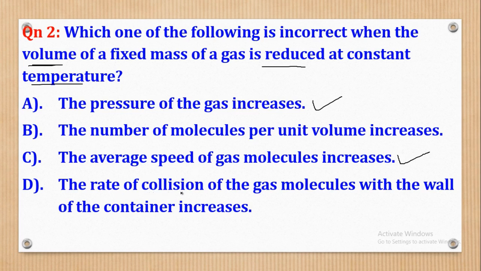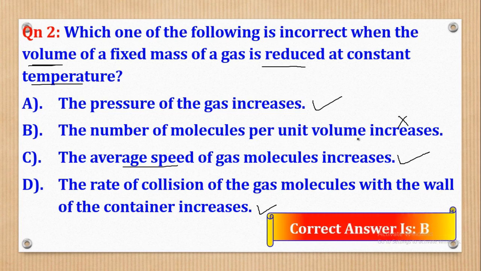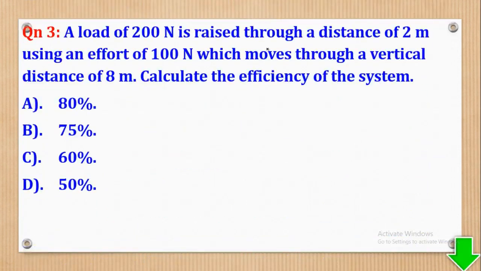The rate of collision of the gas molecules with the wall of the container increases, because when speed increases, it implies that even momentum increases, therefore rate of collision increases. Therefore the only option which is not okay is option B. So the correct answer is B. That was question 2. Now we shall go to question 3.